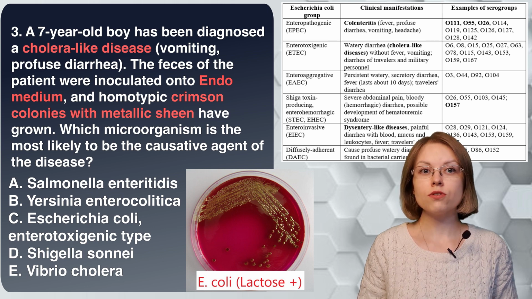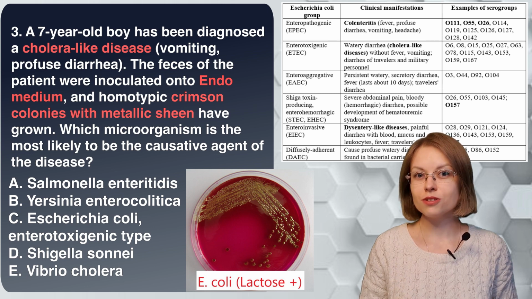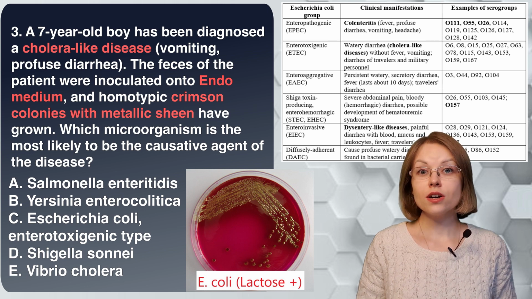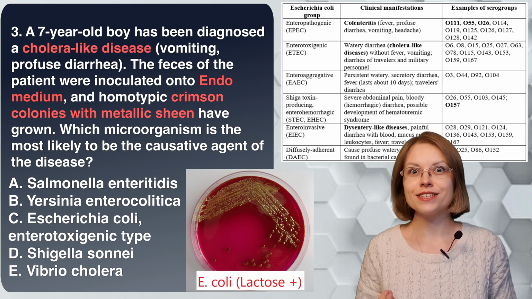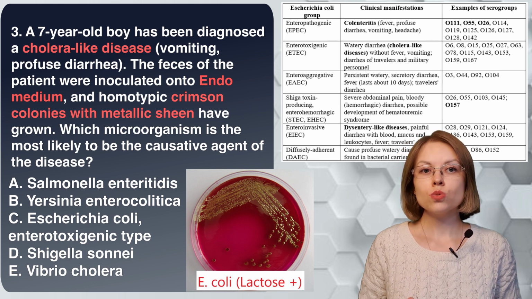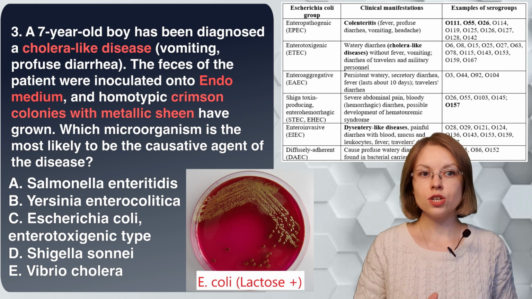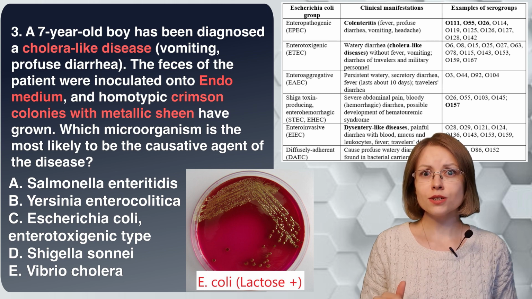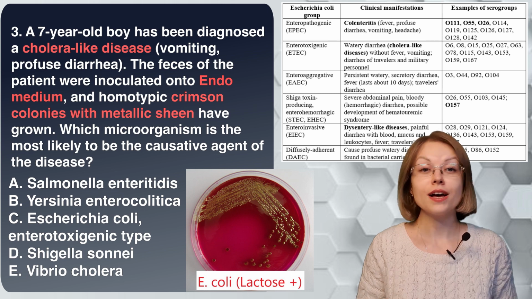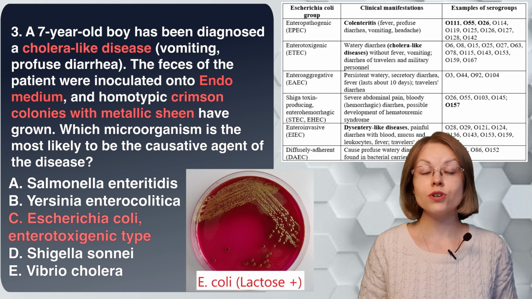The first key phrase that can be used to mark the correct answer is the color of the colonies, red with a metallic sheen, and the second is cholera-like disease. Looking at this table, it is infection with enterotoxigenic Escherichia coli that causes watery diarrhea resembling cholera. Therefore, the correct answer is C.